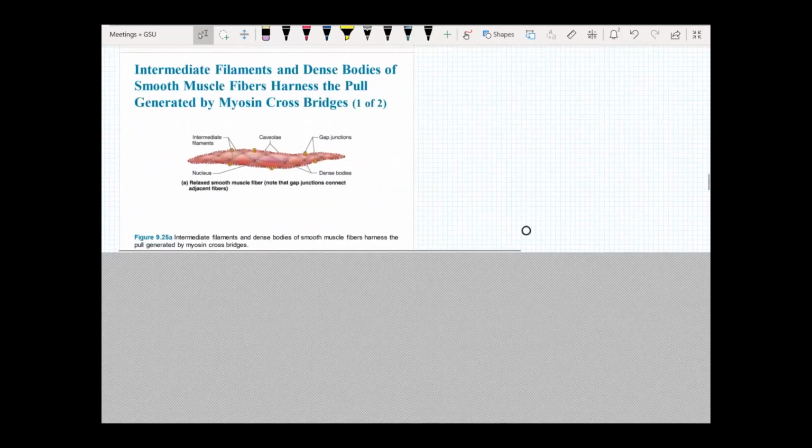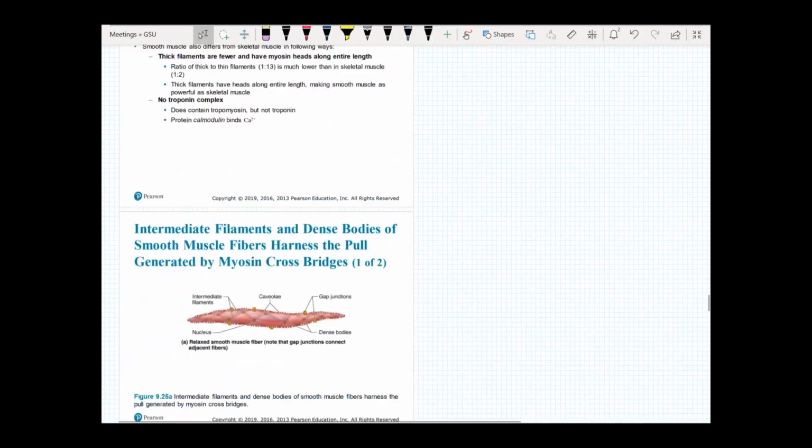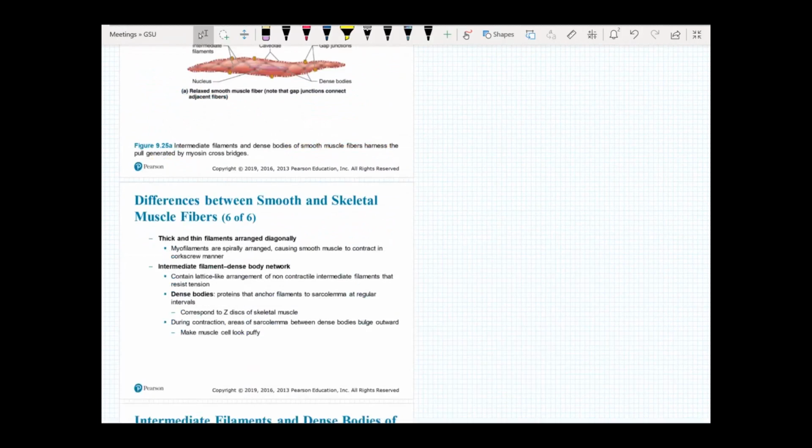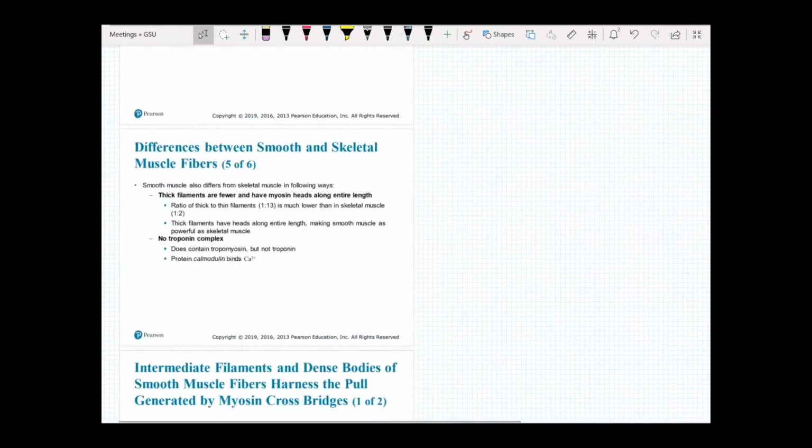Okay, so here are some differences with the actual filaments themselves. The thick filaments are fewer, and the myosin heads are along the entire length. So that's one thing that's different with the filaments. And there's no troponin. Essentially it has tropomyosin, but it does not have troponin to hold the tropomyosin in place.